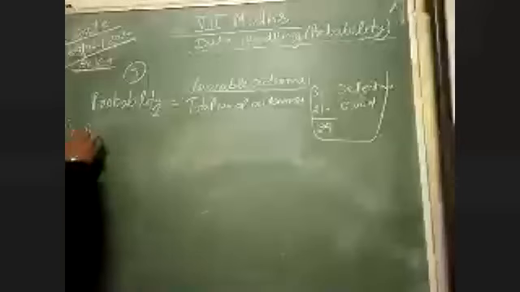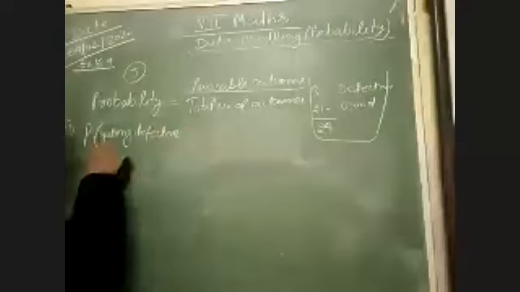So from the fifth question, first part, you have to find the probability of getting defective mango. P means probability of getting defective mango.